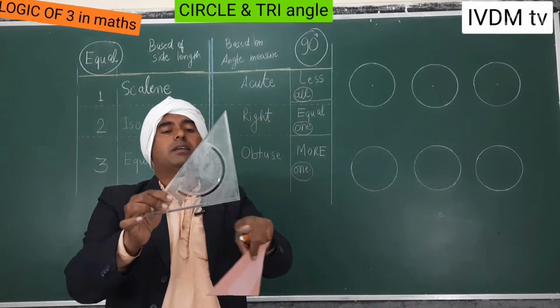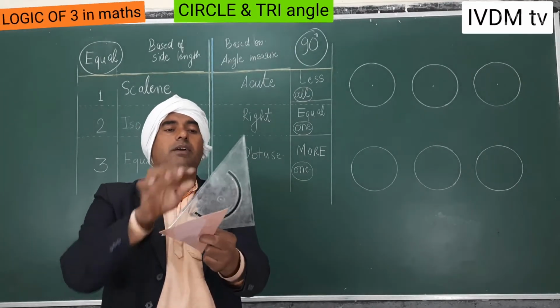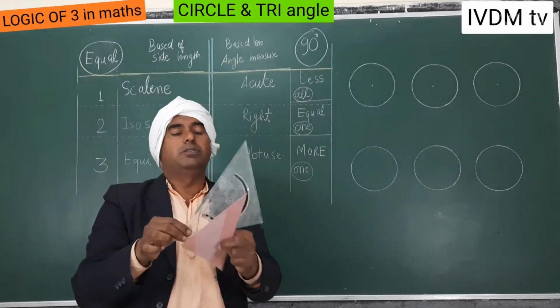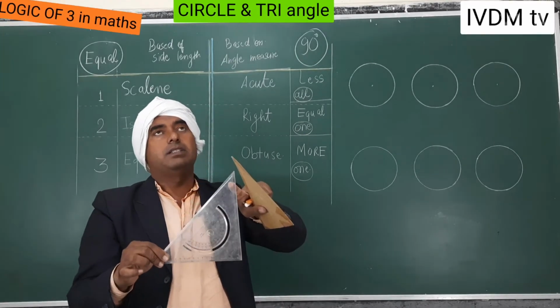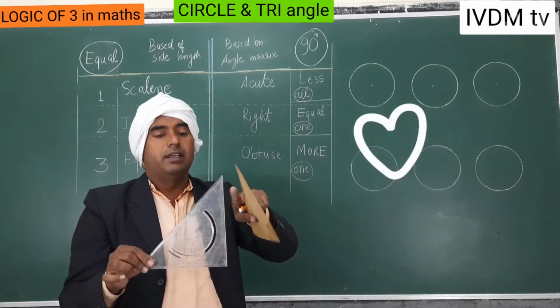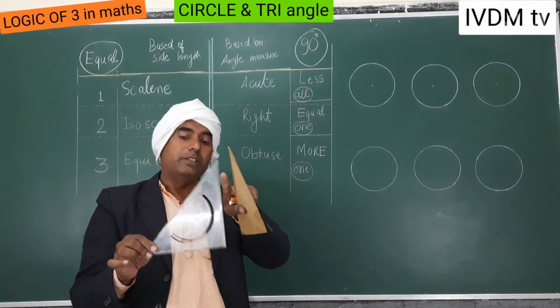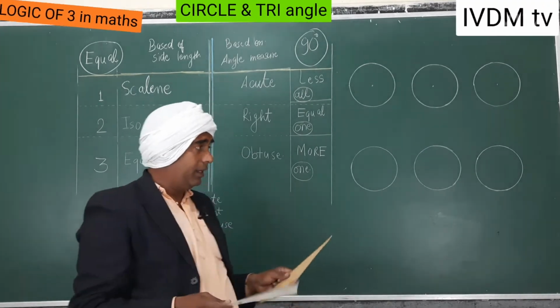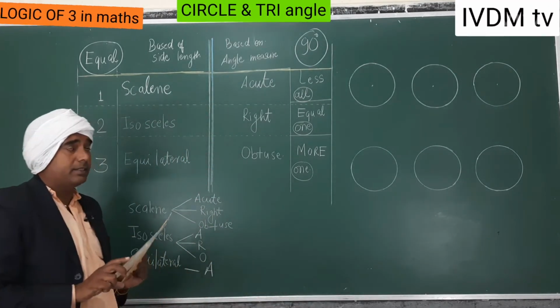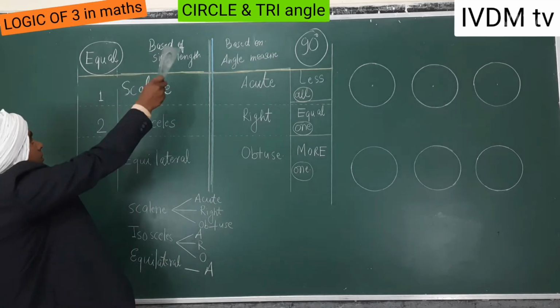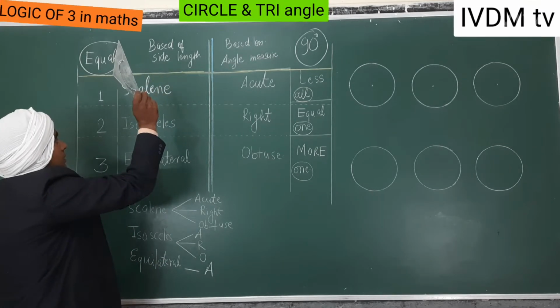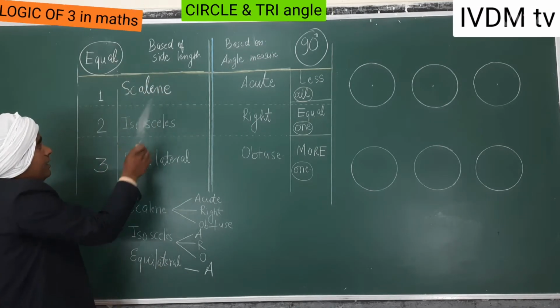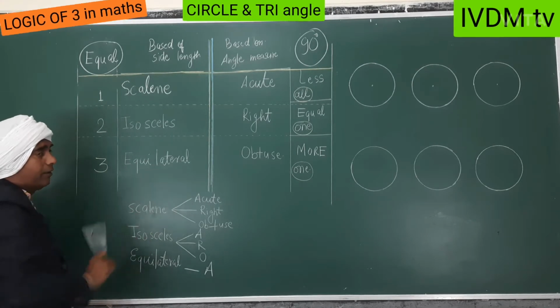And if the sides are equal, then angles are also equal. That is taught in class 9th: if two sides are equal, then opposite angles will be equal. Okay. So based on the side length, there are three types: scalene, isosceles, and equilateral, as you know.